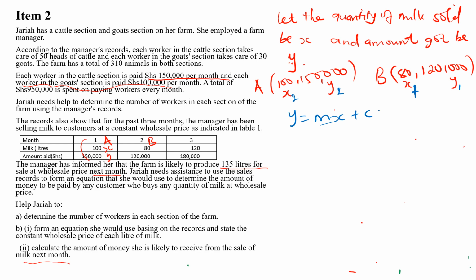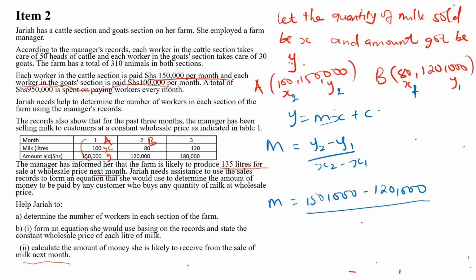So it's better to find the gradient here, and you say m is equal to change in y coordinates divided by change in x coordinates. It's y2 minus y1 divided by x2 minus x1. And then here we shall have m is equal to y2, which is 150,000, minus y1, which is 120,000, divided by x2 minus x1. x2 is 100 minus x1, which is 80.